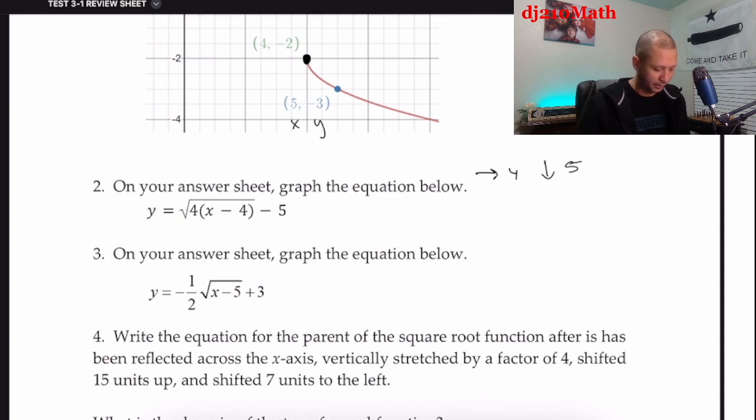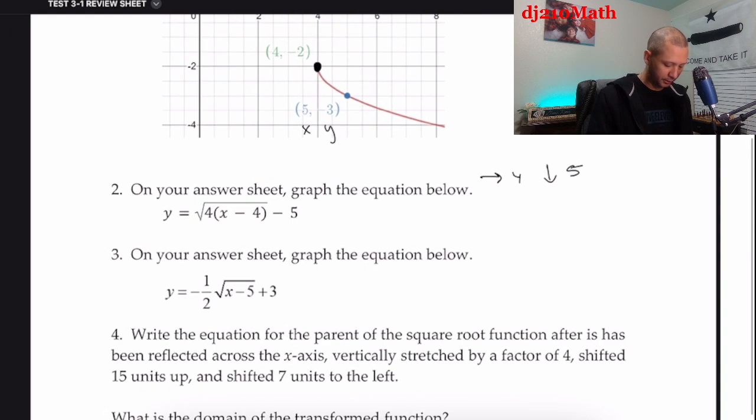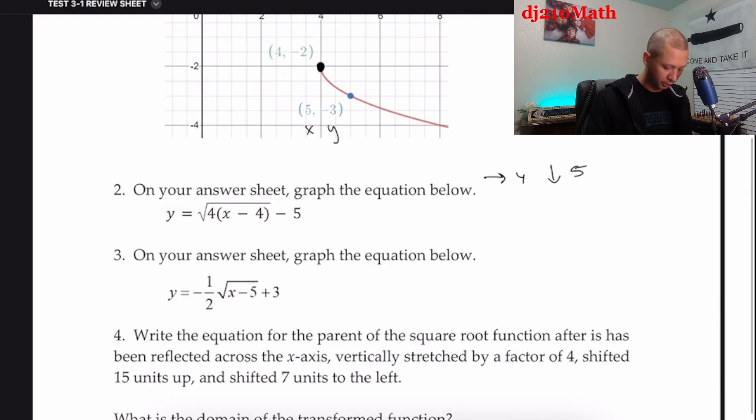And it's going to be a vertical stretch. Right, because this 4 is inside of the square root, so you could actually take out a 2. And so this is going to be stretched by a factor of 2.